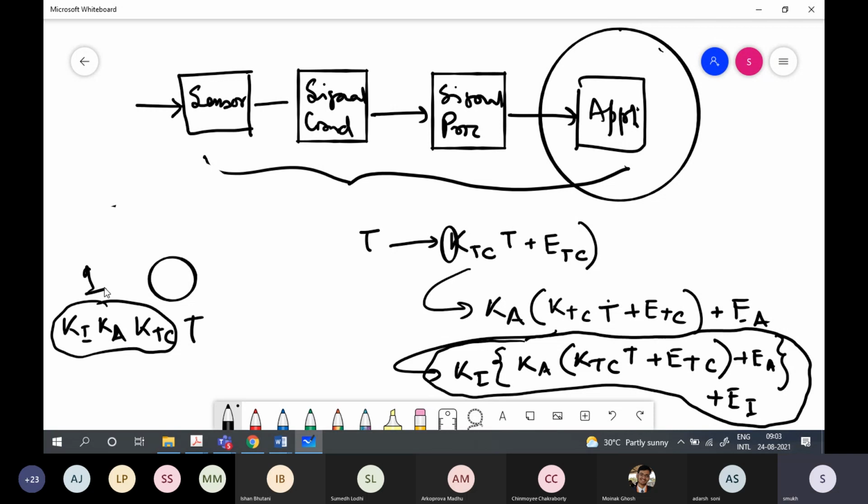And then the error term that we are getting is Ki Ka ETC plus Ki EA plus EI. This is the term. Total error.